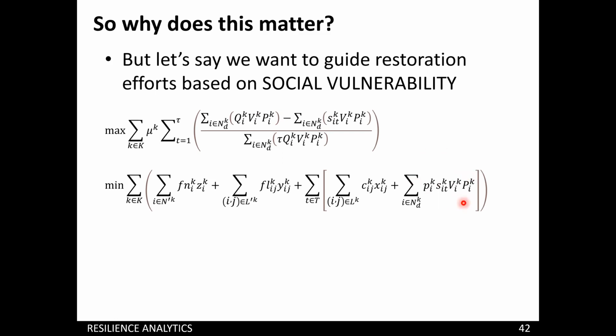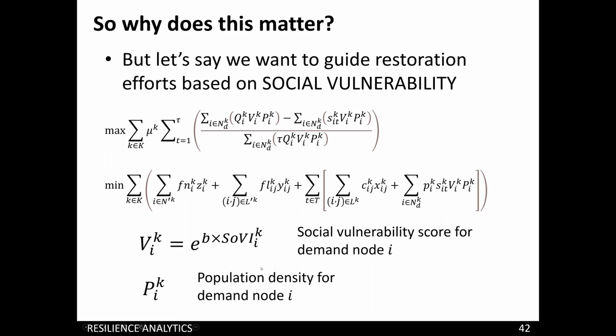Okay, so this was the demand loss calculation, where we're accounting for social vulnerability, and also I should mention here, this is a population index, this P, that I'll show you here. So this V here represents social vulnerability, and that's a function of the social vulnerability index.